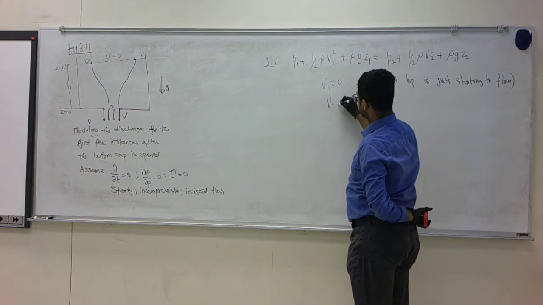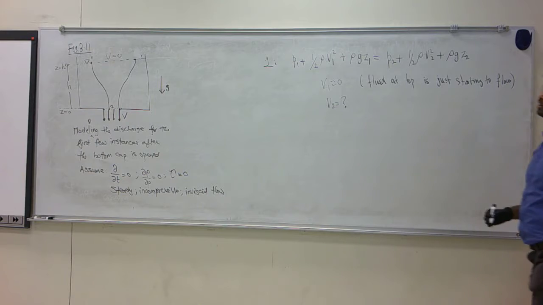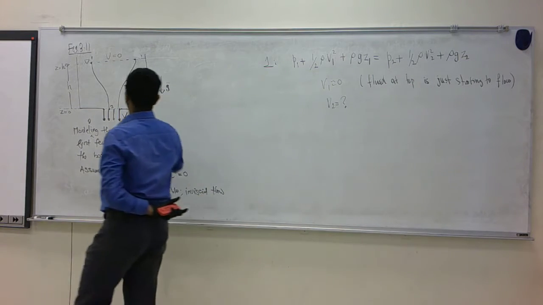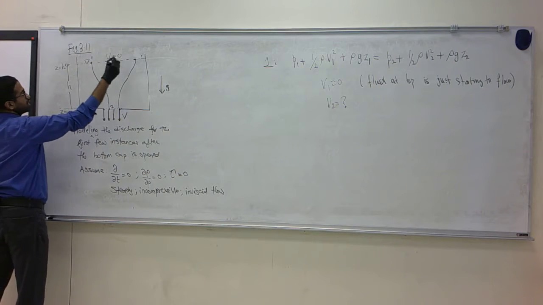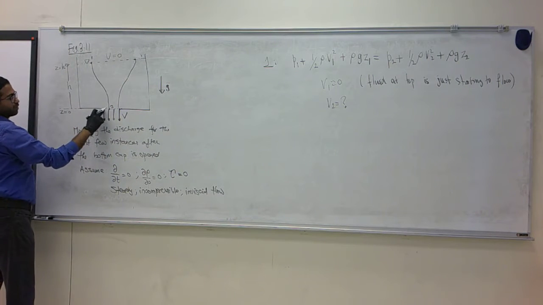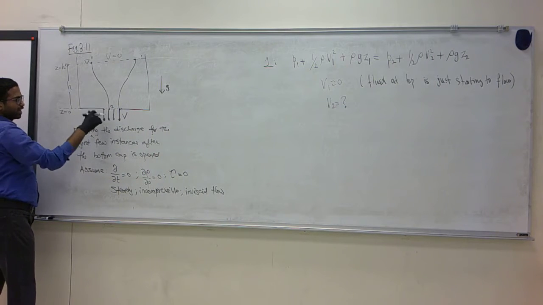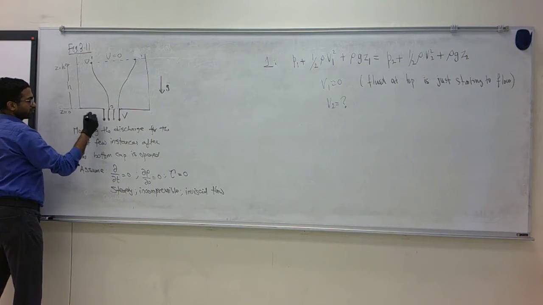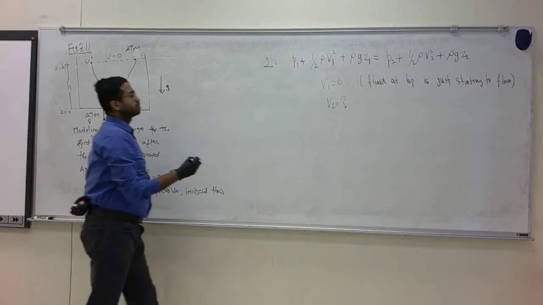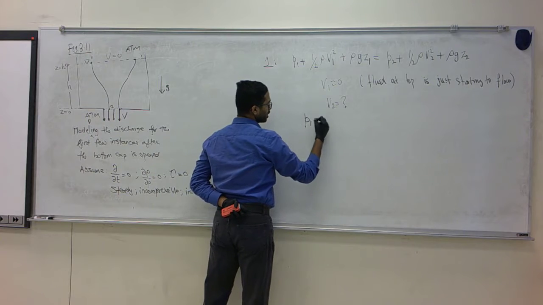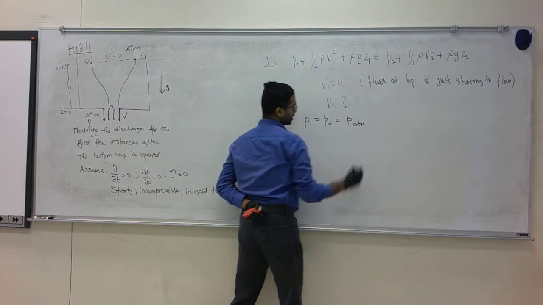That's the quantity that I am seeking. And the pressure here is P1. The fluid at the bottom is also discharging to the atmosphere. So this is also the atmosphere, and so is this. So P1 equals P2 equals the atmospheric pressure.